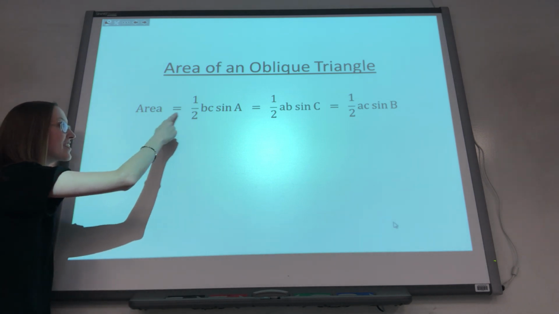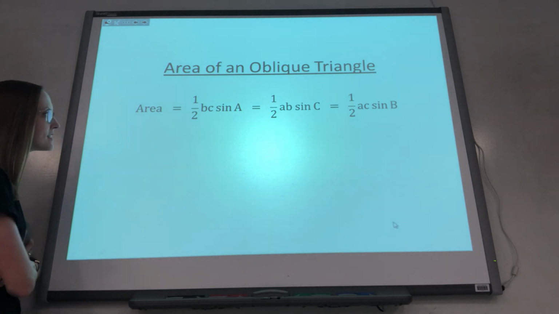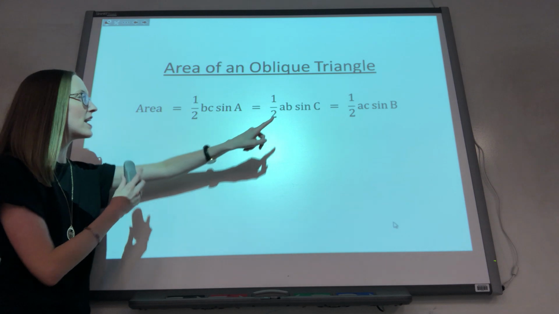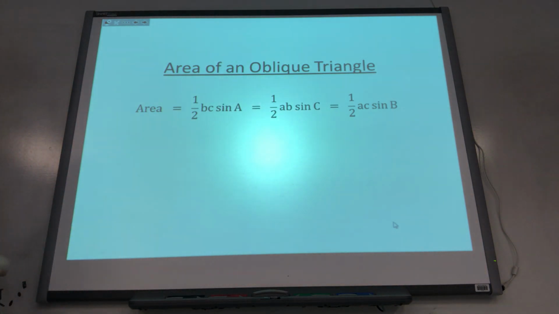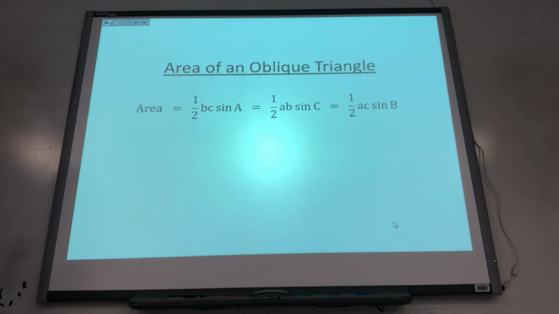So it says area equals 1/2 little b, little c, sine of big A. That's going to give you the same answer as this, 1/2 little a, little b, sine of big C. Or you could use 1/2 little a, little c, sine of big B. 3 options. Any of those would give you back the correct answer.